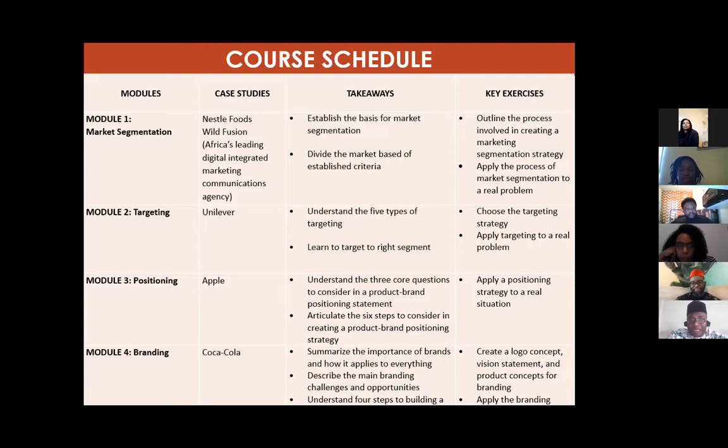They also need to learn how to target right segmentally. Then also key exercises, they have to choose a targeting strategy.